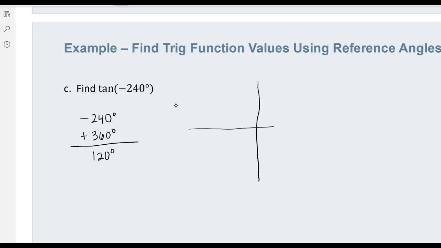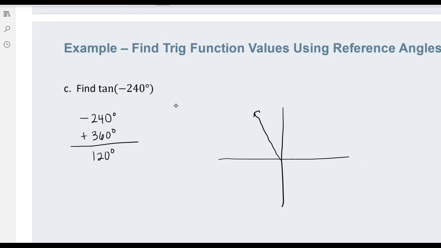That's similar to the one that we just did, right? Oh no, we just did 150. 120, oops. 120 is going to be up here.